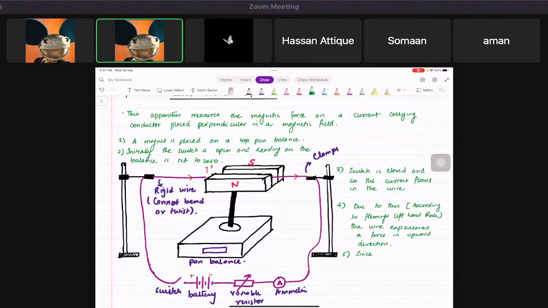Now, check this out. Since the wire is rigid, and that's why I've written rigid wire cannot bend or twist. So, do remember that.